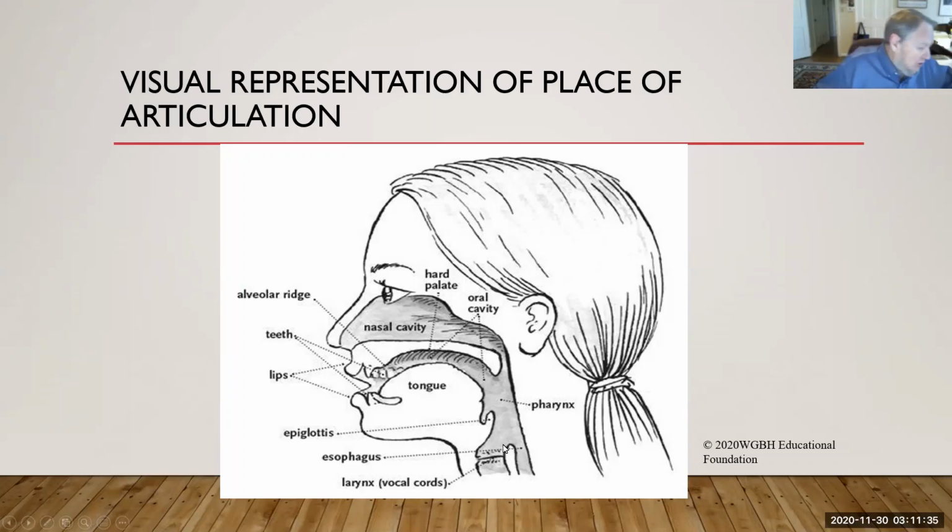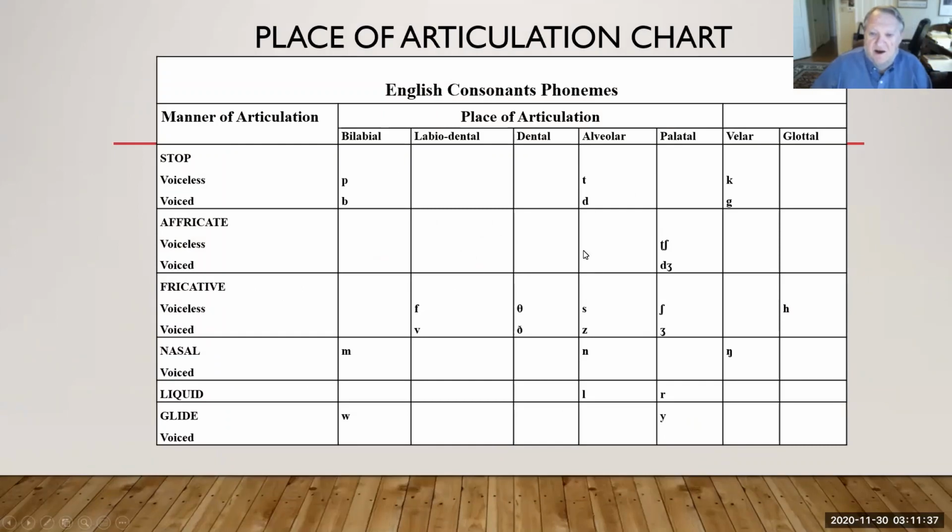All right, let's go to the next chart, and here we can see that was the manners, this was the voicing. Now we get to see place of articulation. Bilabial, labiodental, dental, alveolar, palatal, velar, and glottal.